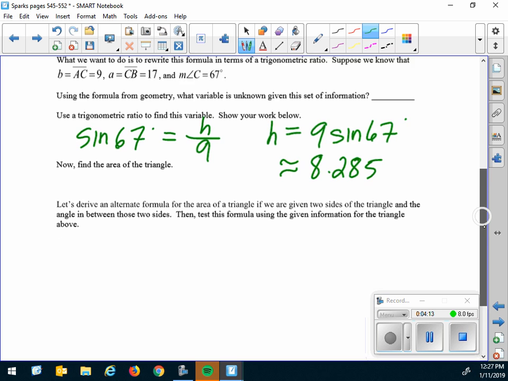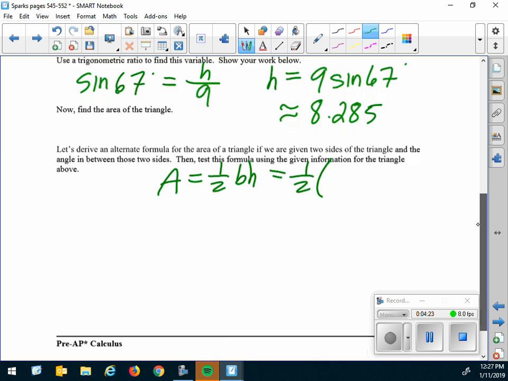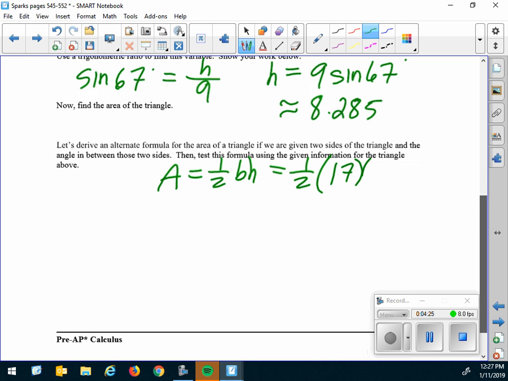Now let's go find the area. We know that the area is 1/2 times the base times the height. What is the base? 17 times the height, which we have stored, right?